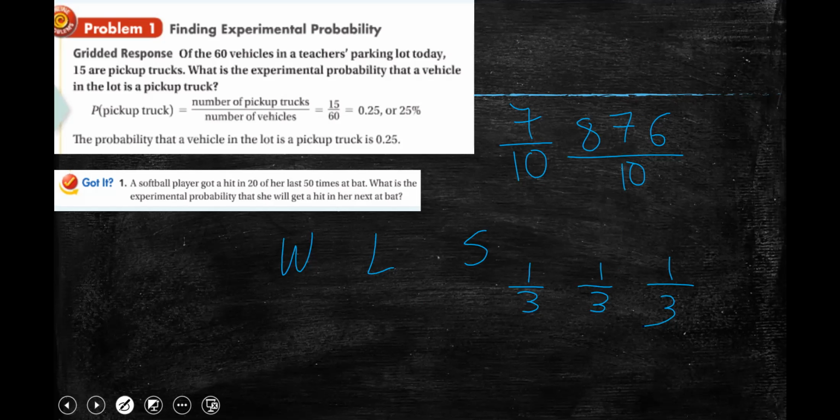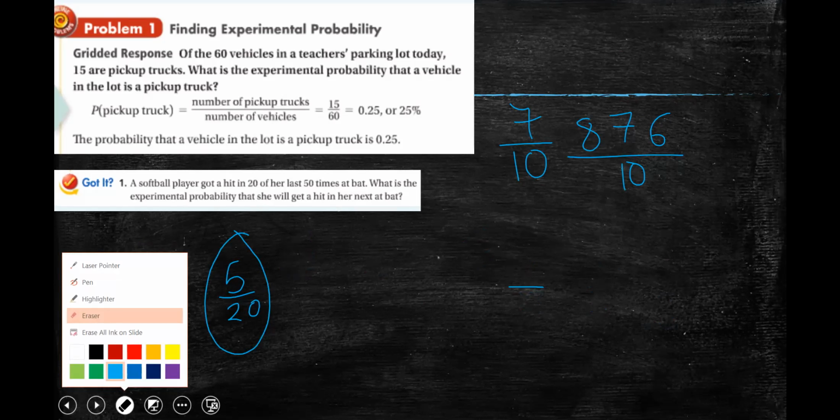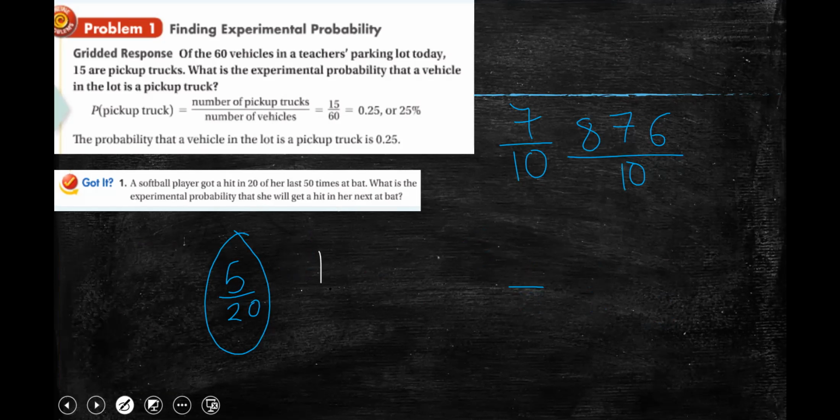If they play 20 matches and 5 of them are wins, then their probability to win is 1/4.